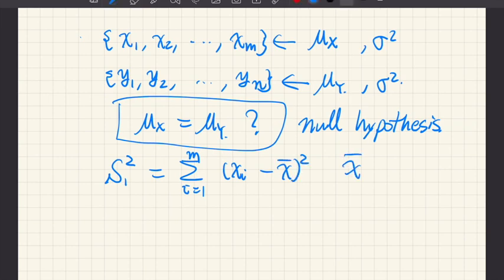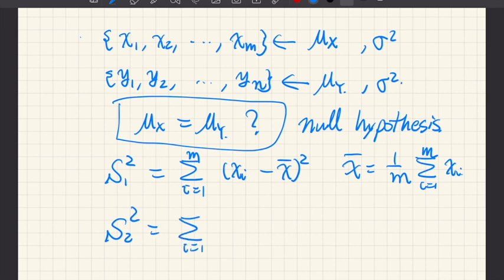Of course, x bar is the sample mean, a simple sample mean. And S2 squared, the sum from 1 to n of (yi minus y bar) squared, and of course y bar is the sample mean of the second sample.